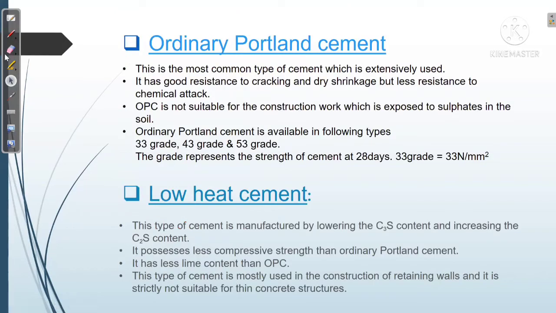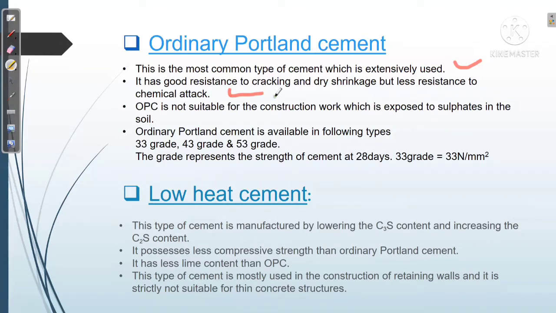The very first type I'm going to discuss here is ordinary Portland cement. Okay, so this is the most common type of cement which is extensively used, because this is the first cement which has been invented, and that's why it is most commonly used. The second is it has good resistance to cracking.